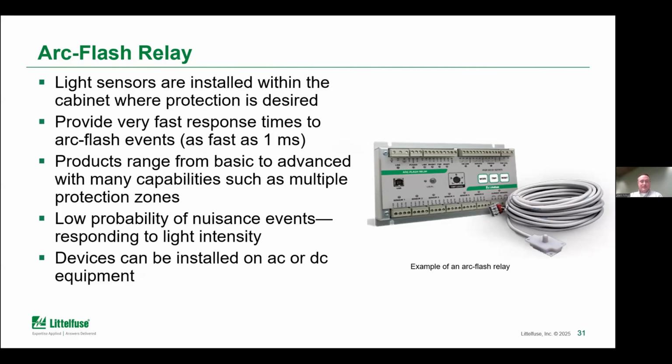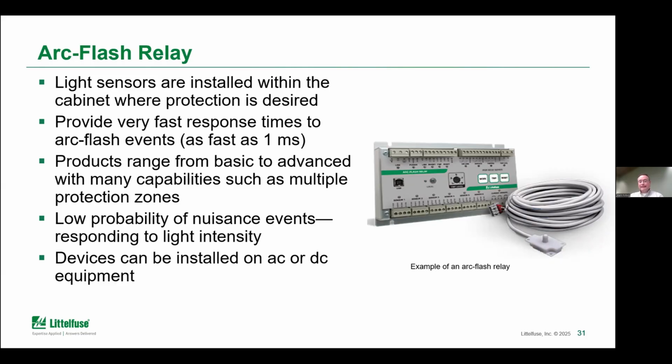And these relays are designed to have an ultra fast response time to that event. And there's many relays on the market that can do that as fast as 1 millisecond response time. And again, when you look at the products on the market, there's a lot of different options that can provide a variety of capabilities, whether someone's looking for something relatively simple or more advanced.